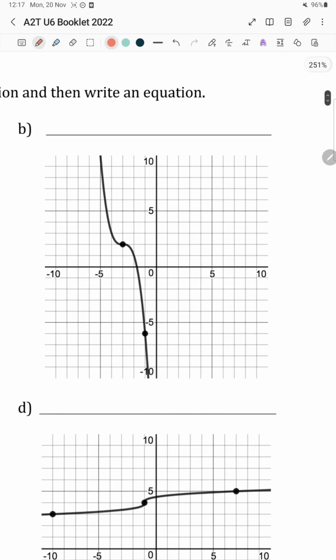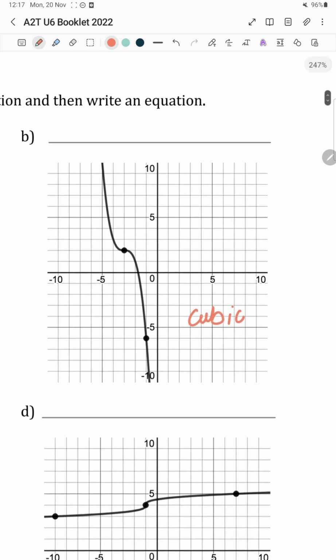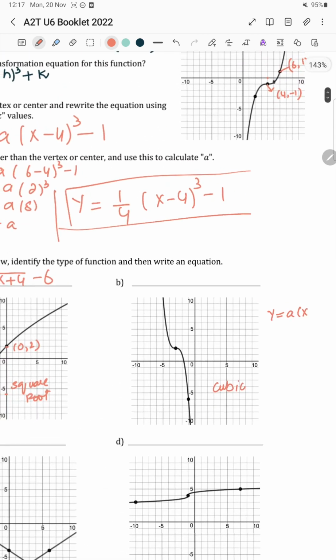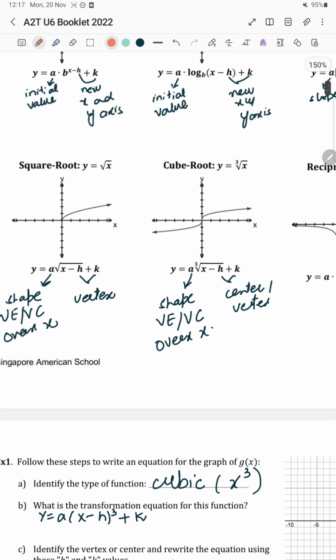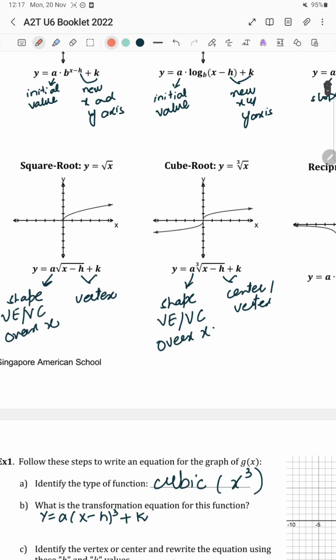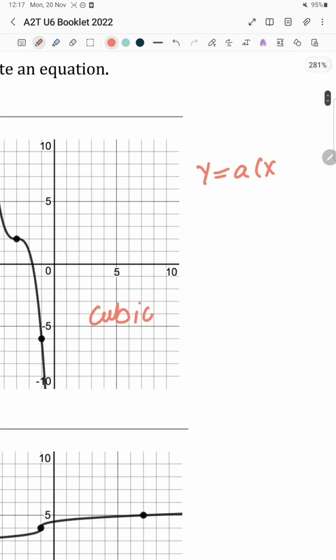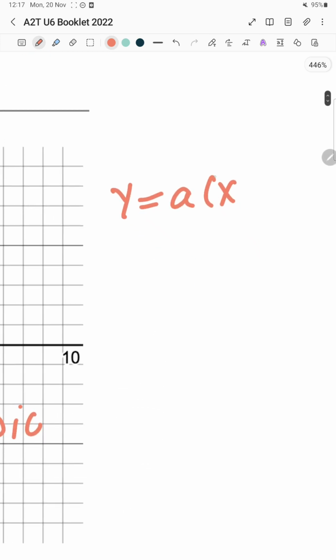Okay, this is a cubic function, and the graph of the cubic function can be written as y is equal to a times the cube root of (x minus h) plus k. You need to learn the equations of all the graphs.